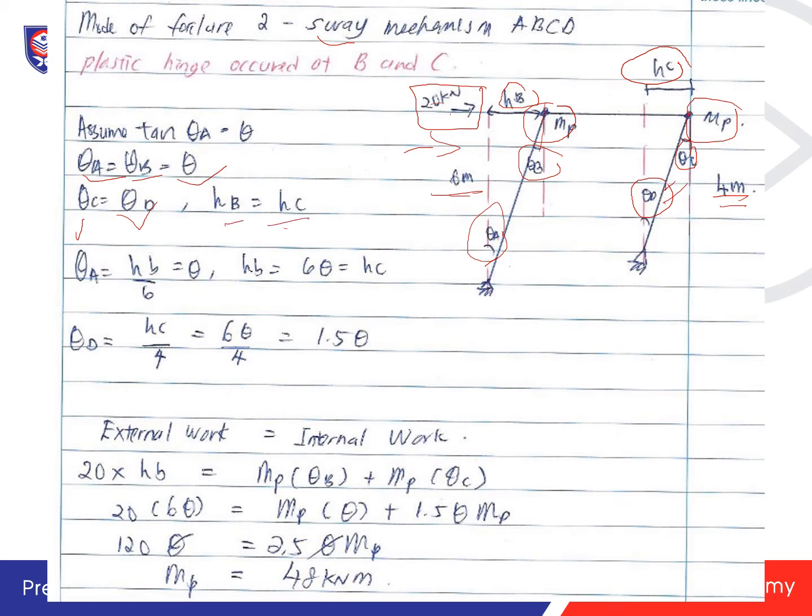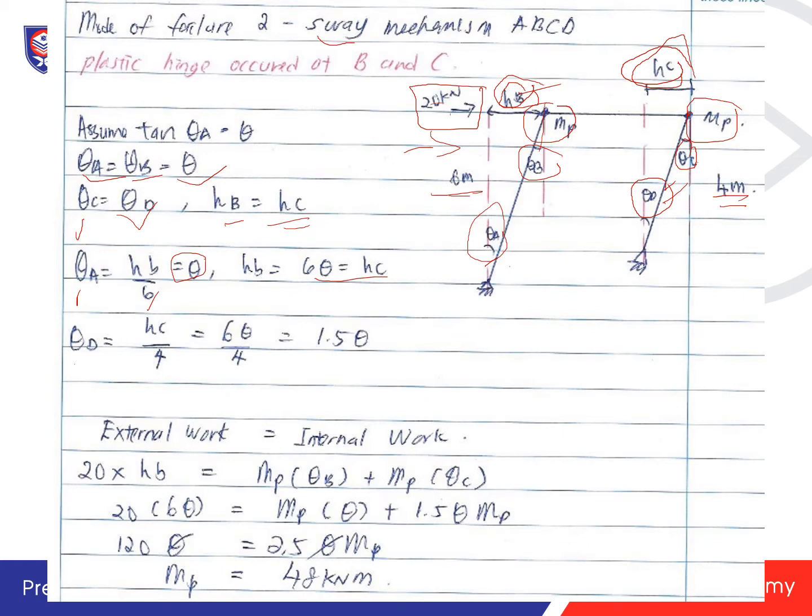HB is equal to HC. Now we assume they have the same H, the total movement. The HB and the HC are the same, we assume. So theta A is equal to HB over 6 is equal to theta. So HB is 6 theta, equal to HC.